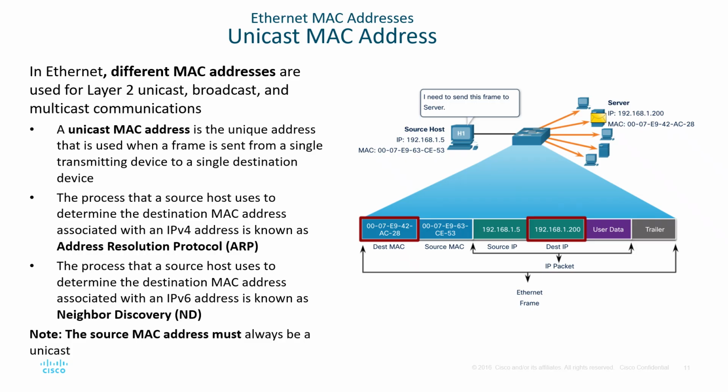And we will talk about that in Module 13. The process that a source host uses to determine the destination MAC address associated with an IPv6 address is known as neighbor discovery. The source MAC address must always be a unicast. So now I want you to stop paying attention to these graphics going forward in understanding the information that is in them.